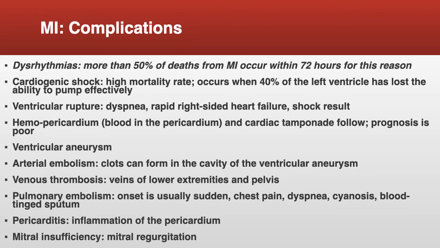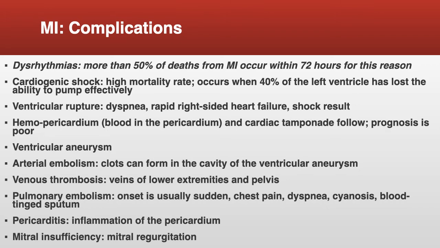So here are your MI complications, and you need to know them for your test, and we're going to build on these complications. Know that dysrhythmia and arrhythmia are two terms that we use interchangeably. Dysrhythmia is caused by oxygen deprivation to the myocardium, and more than 50% of deaths from an MI occur within 72 hours for this reason.